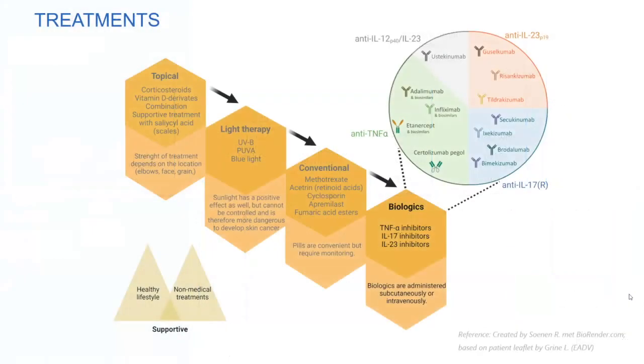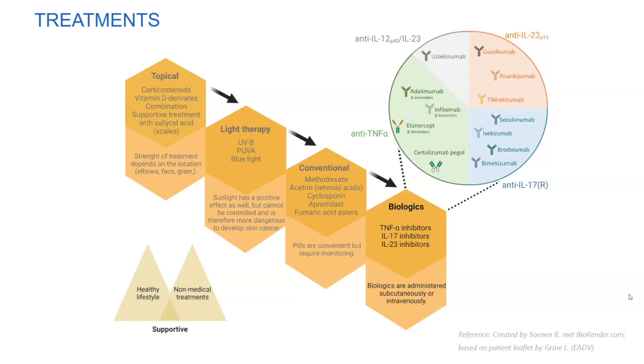Here is an overview of how the treatment armamentarium of psoriasis, now also in Belgium, is situated. Of course, we have to start with the topicals, the creams for the patients that include the corticosteroids, mostly in combination with the vitamin D derivatives.